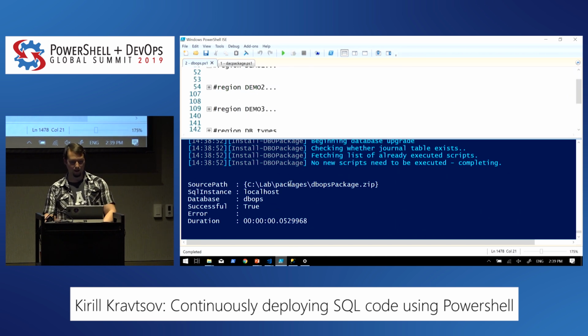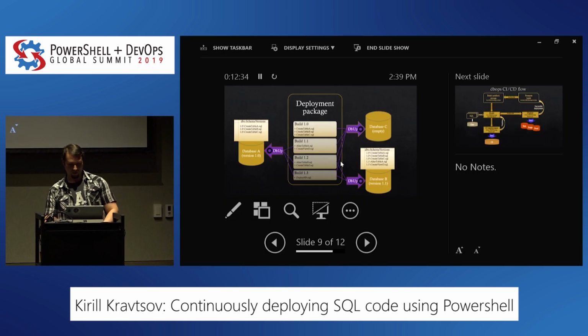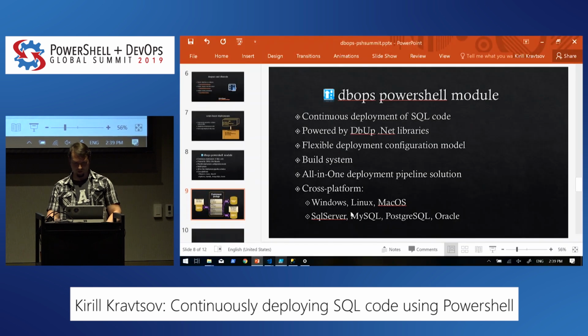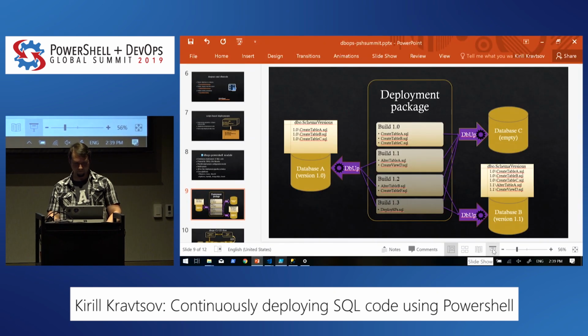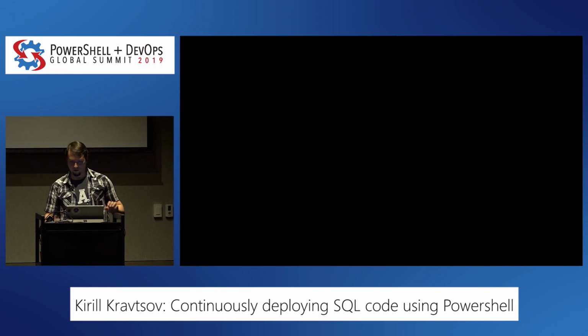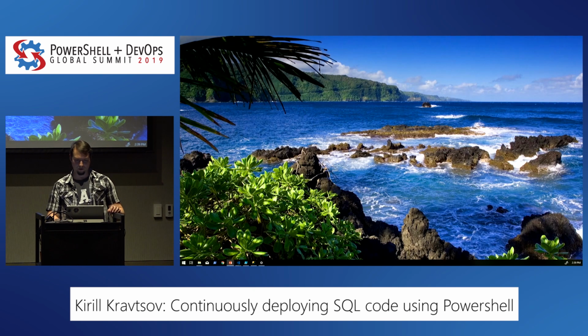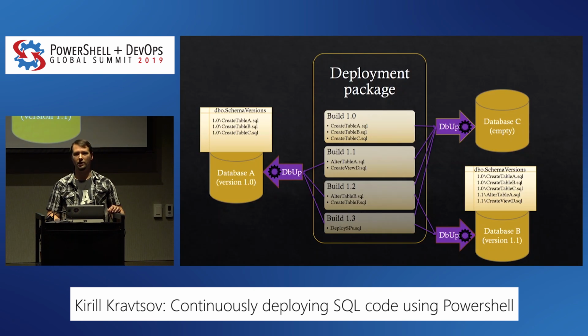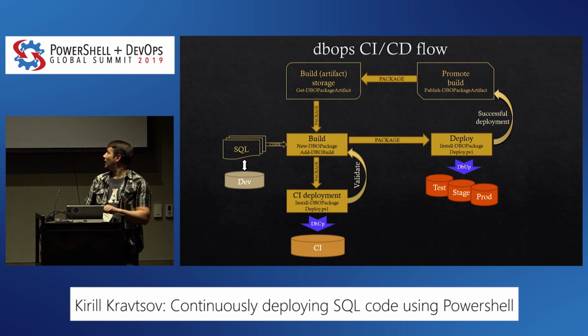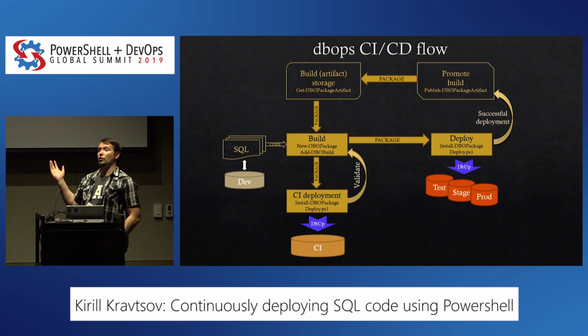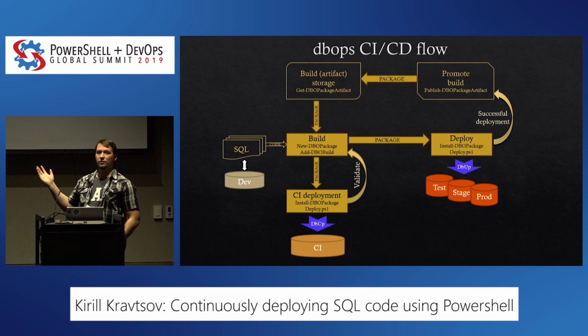Okay, CI. Let's go back to the slides. So when you want to build your pipeline using DBOps, this is how it's going to look. First of all, you develop your code, and you do it without any PowerShell involvement, unfortunately, because developers work directly with the database.